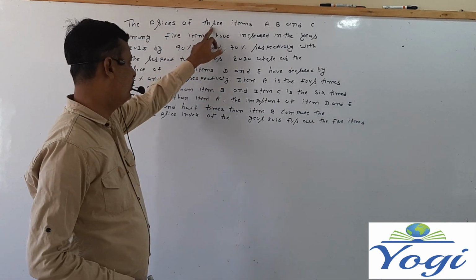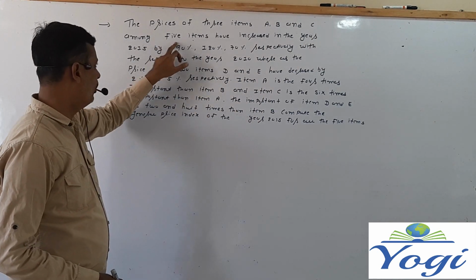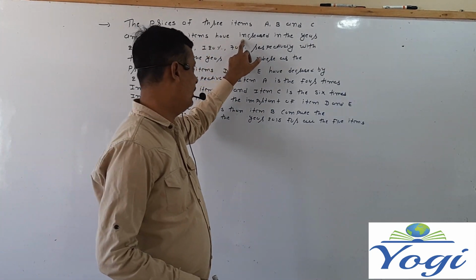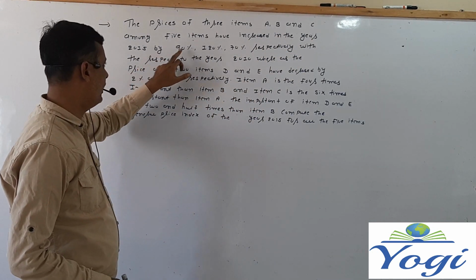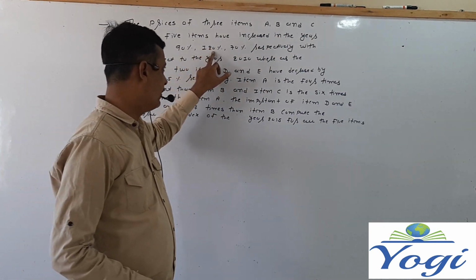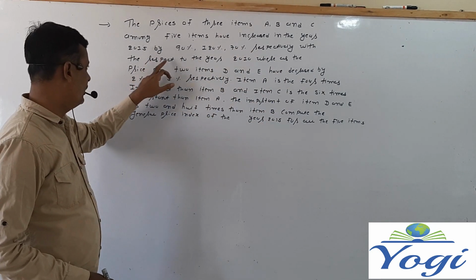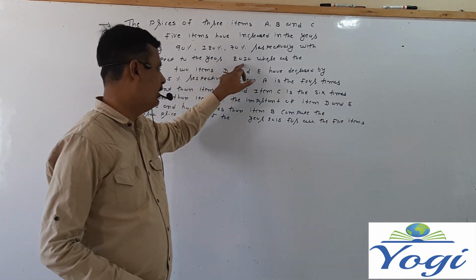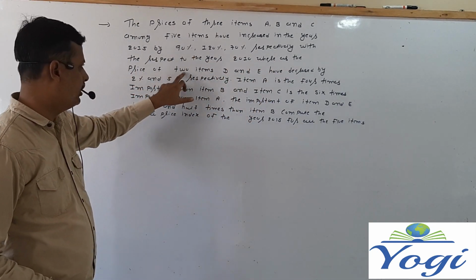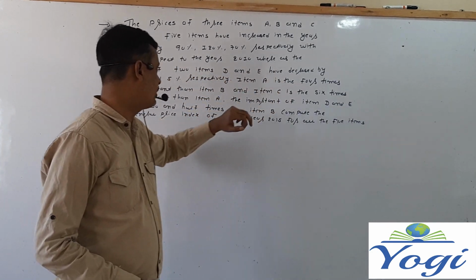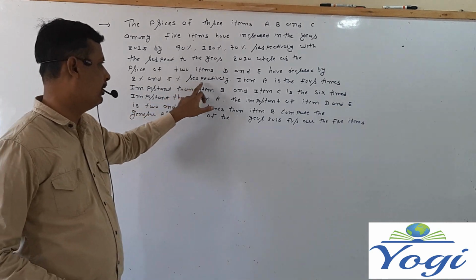The prices of three items A, B and C among five items have increased in the year 2015 by 90%, 120%, 70% respectively, with respect to the year 2010, whereas the prices of two items D and E have decreased by 2% and 5% respectively.